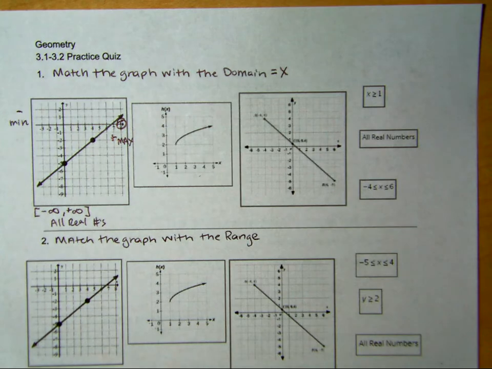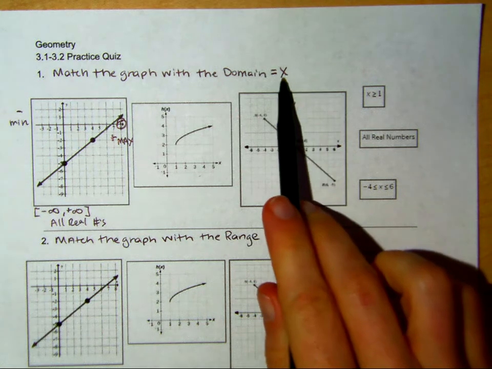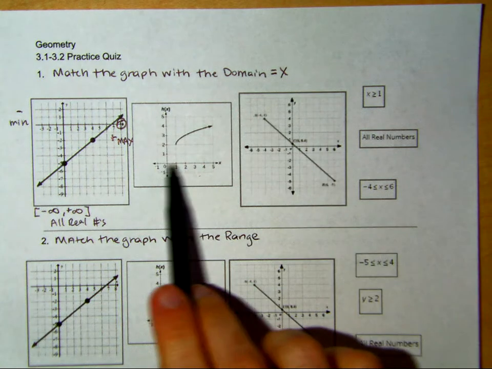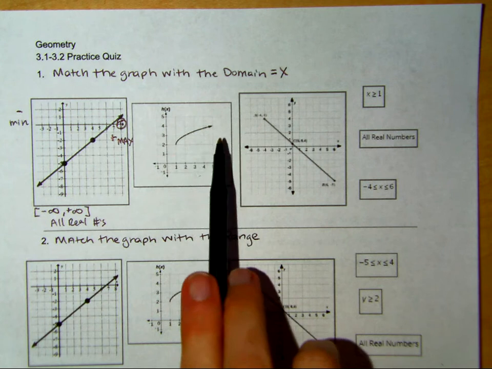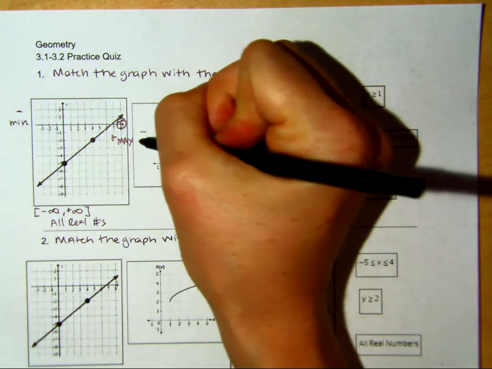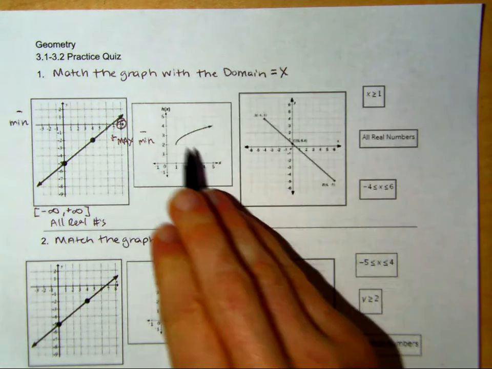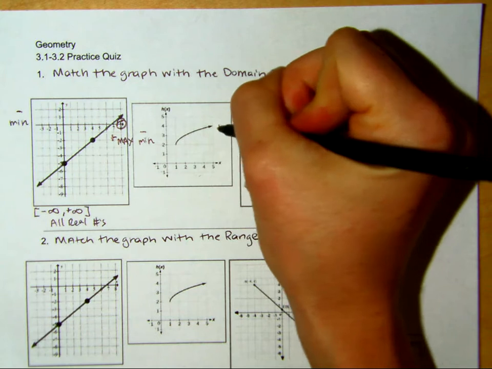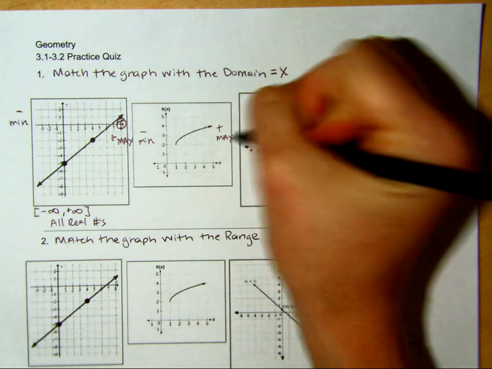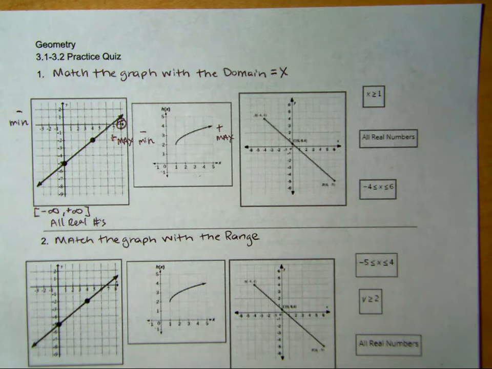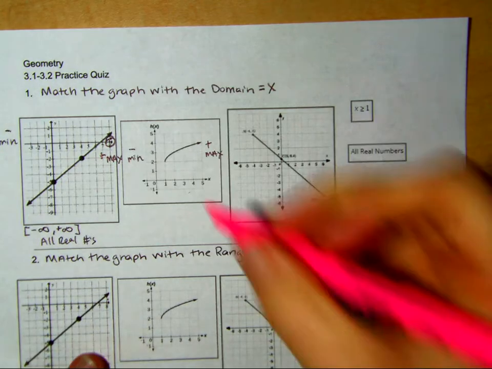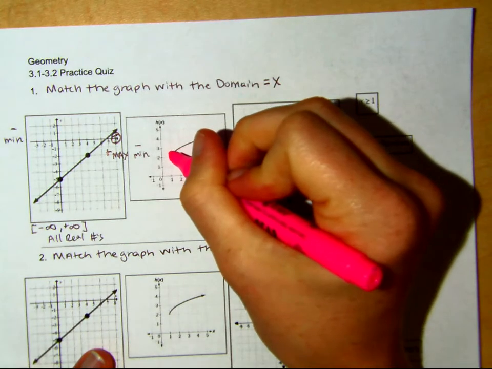Okay, so if we look at the second graph, we're still looking at domain, so x. So we're looking at the x-axis. So going to the left is our min, going to the right is our max. So the smallest x value that we hit, if we look right here, the graph stops here.